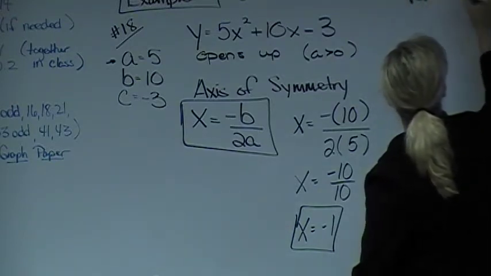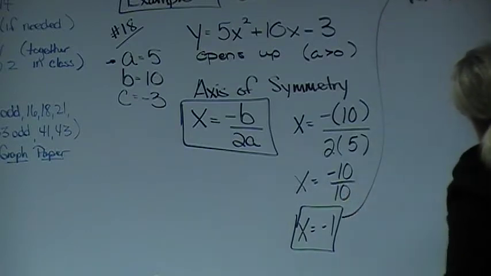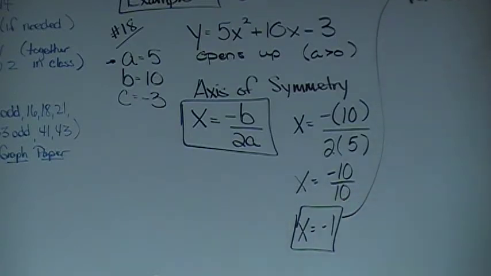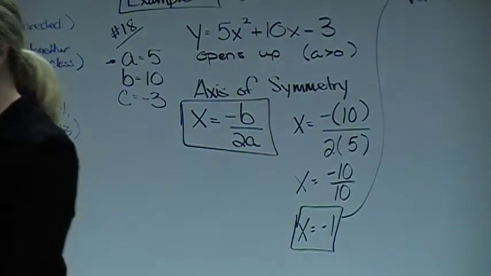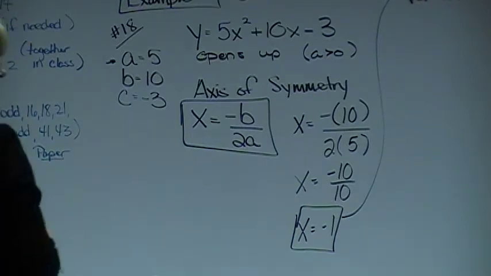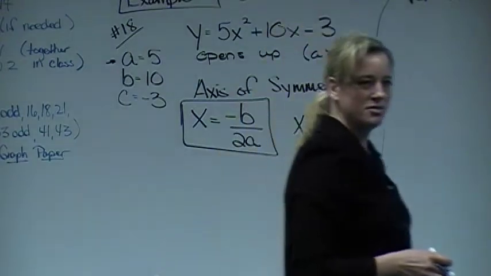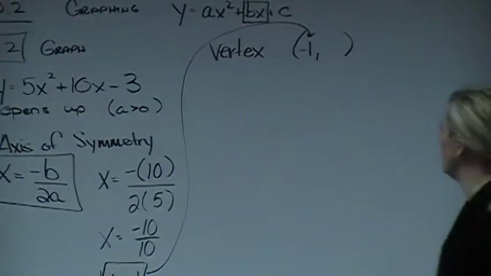All right, let's go ahead and put next our vertex. That is going to be my x-coordinate of my vertex. I already know what the x-coordinate of my vertex is, because by definition, the axis of symmetry passes through the vertex, so it always has to be the same. How then do I get my y-coordinate of my vertex? What do I do to get the y? Plug it back in. Plug it in, right, Austin? Yep, plug it in.